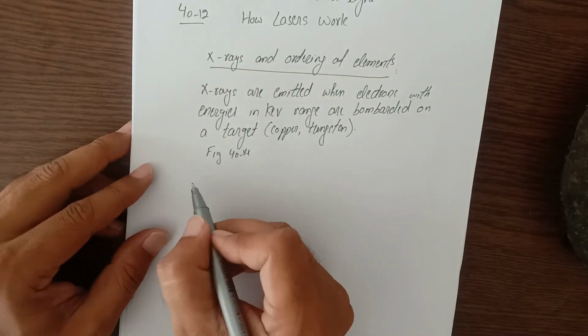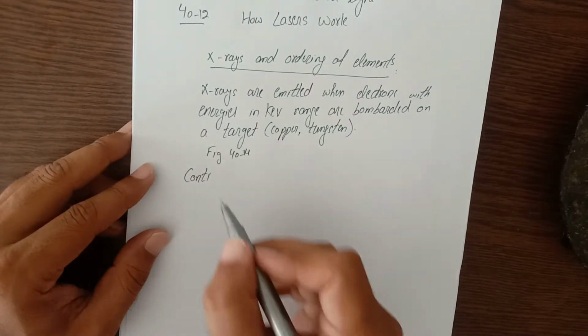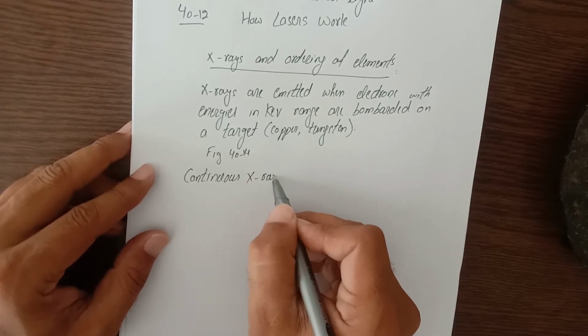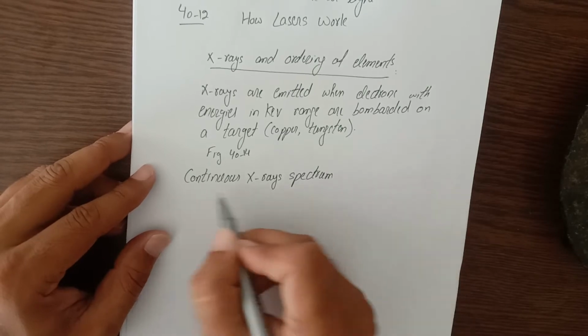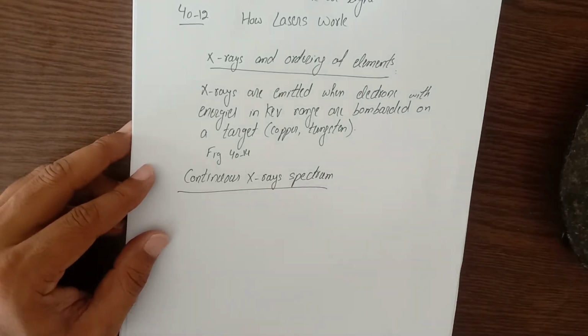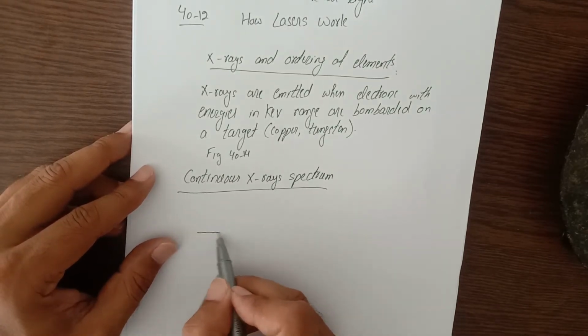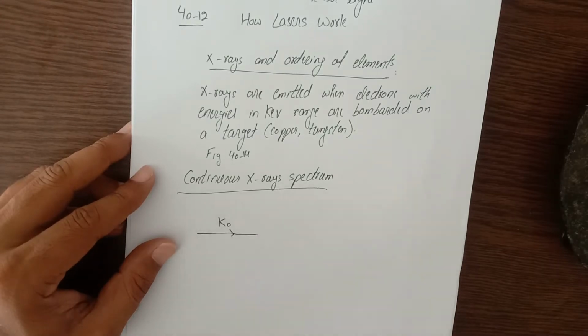Now we look at what the continuous X-ray spectrum is. First, we consider an electron which strikes a target atom. Let's say this is an electron with energy K naught, and it strikes a target atom.